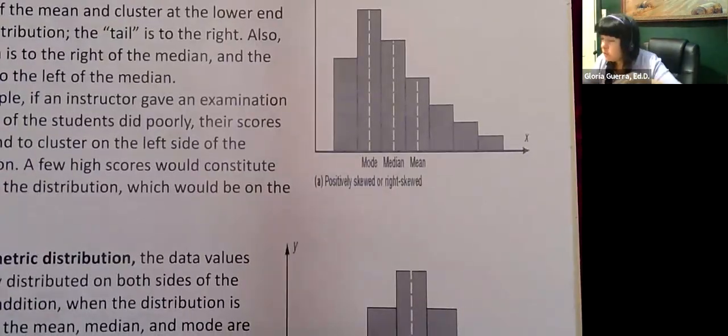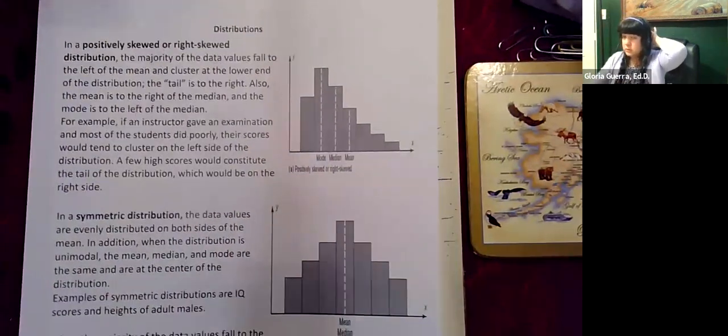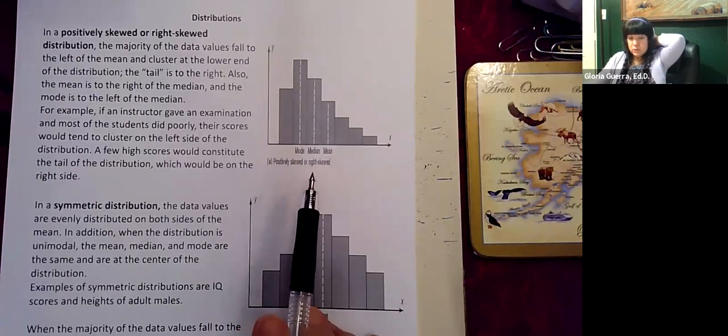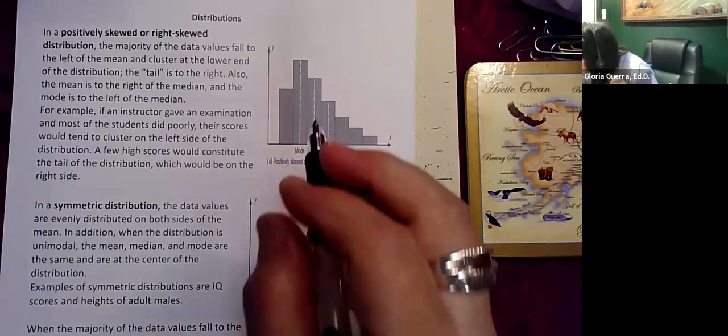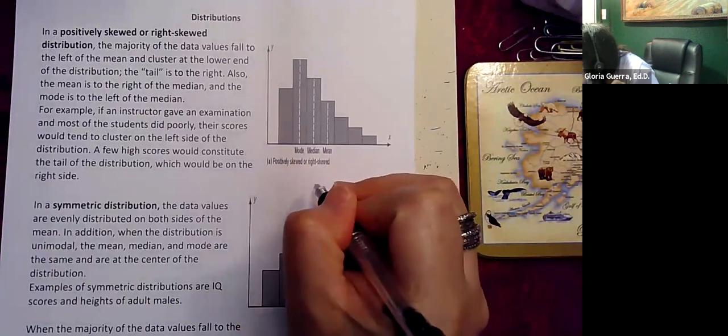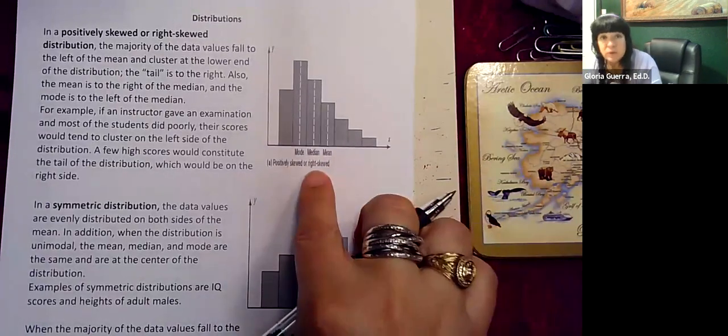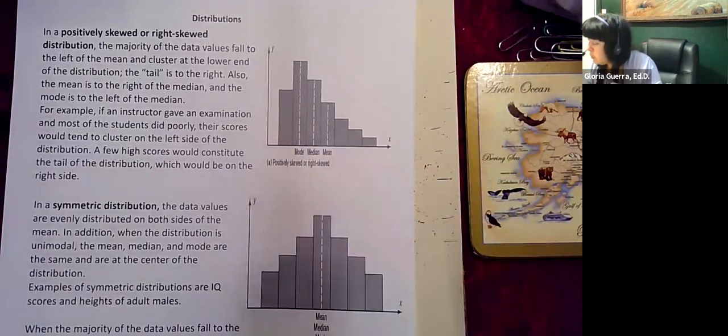Distributions. Okay, so these pictures should look a little familiar here. This is a positively skewed, also called right skewed. Notice here how I am going to write something down this time. I am going to write how the data tends to taper off.